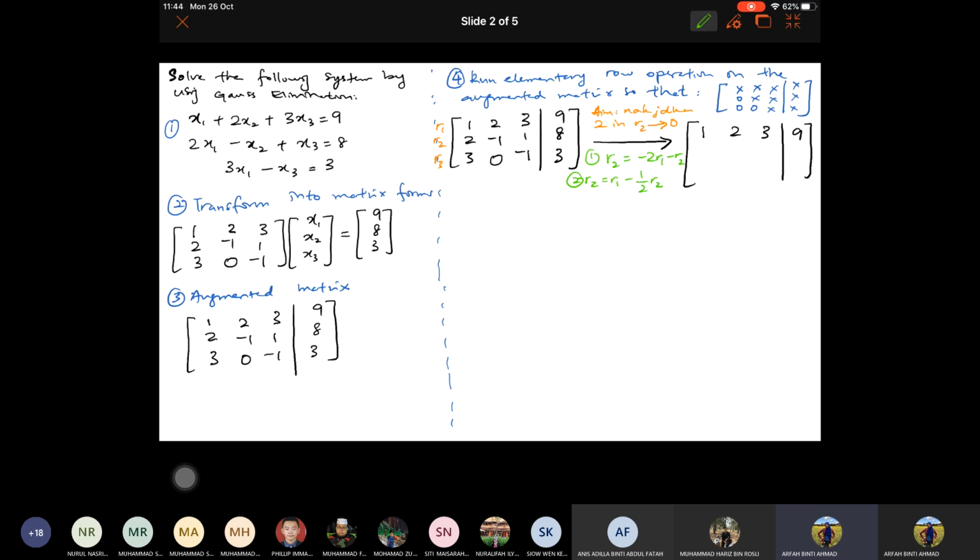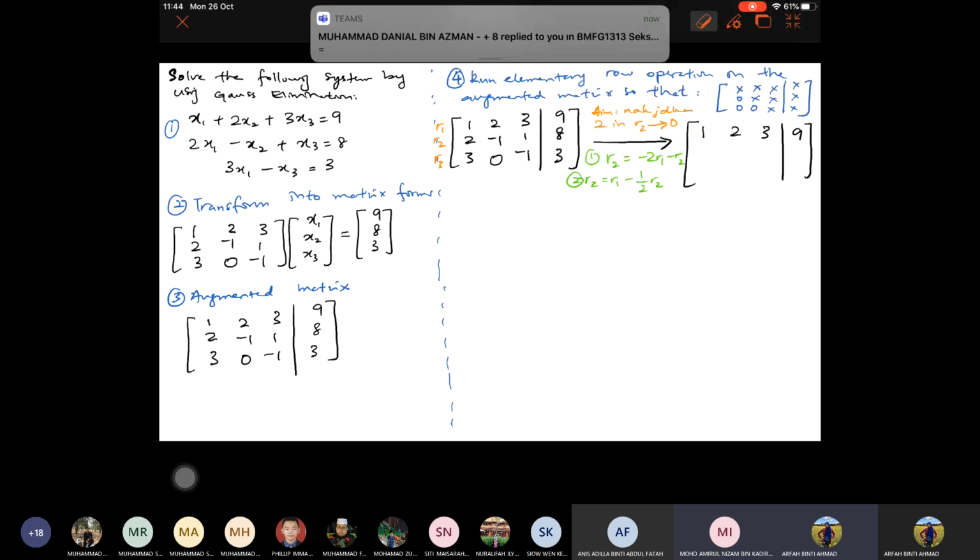Tu je lah kan yang possible solution. 2R1 tolak R2.